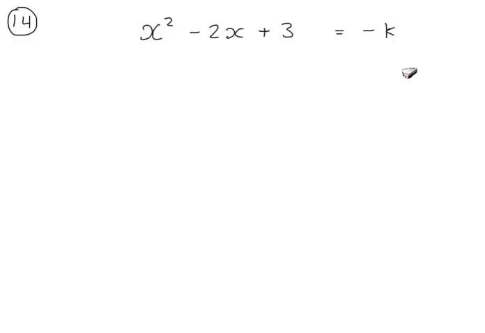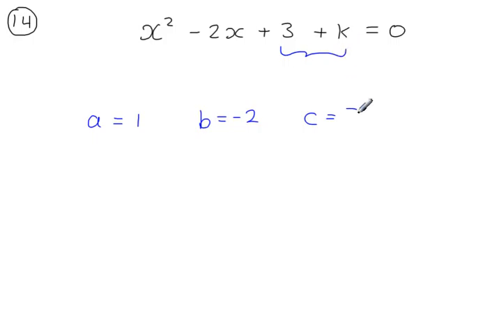So if I take the −k to the left-hand side, you get this. So now it's all equal to 0. a is equal to 1, b is equal to −2, and c is equal to, well, c is the constant. It's all of this. It's best kept in brackets.